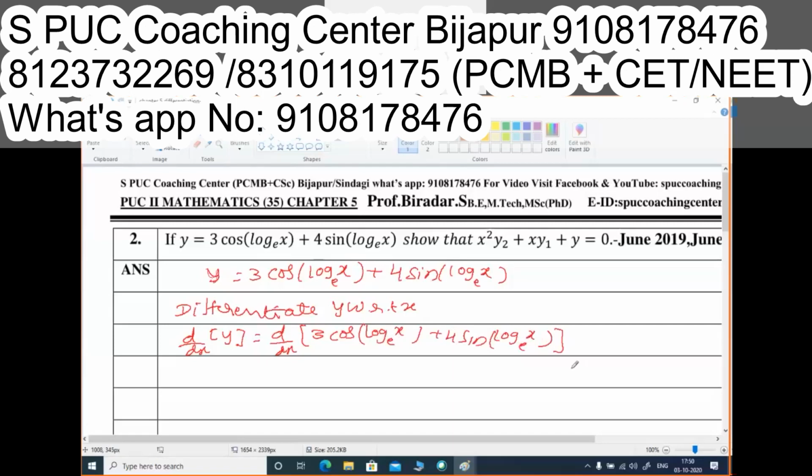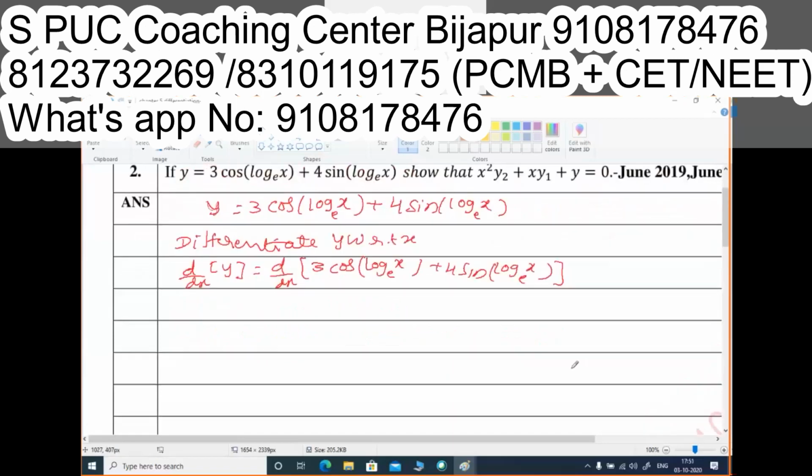Yes, who would like to tell the differentiation of this, please? Anybody? Sir, dy by dx is equals to, yes, tell it to me. 3 constant, minus sine log x to the base e, into 1 by x.